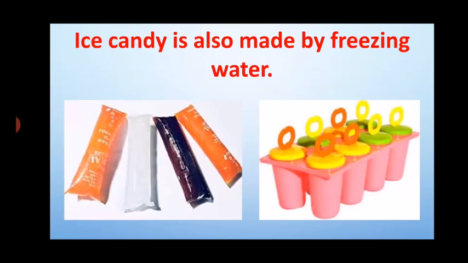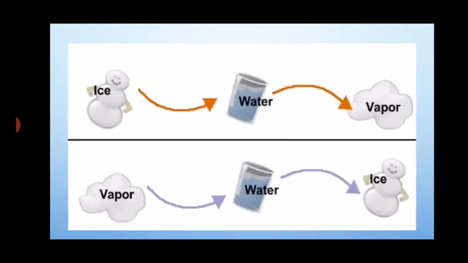But before that, one last time we will revise. So when ice is given heat, it becomes water, and when water is given heat, it becomes vapor. Now I'll keep on repeating these points, children, so that there is no way that you will forget these points after watching this video.